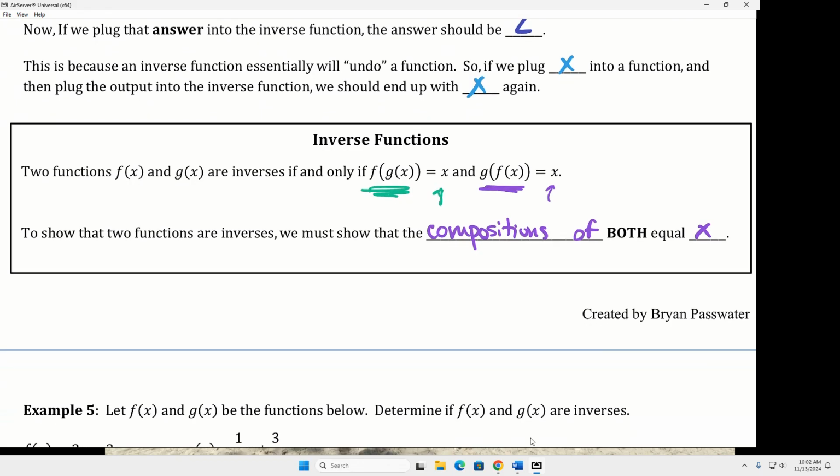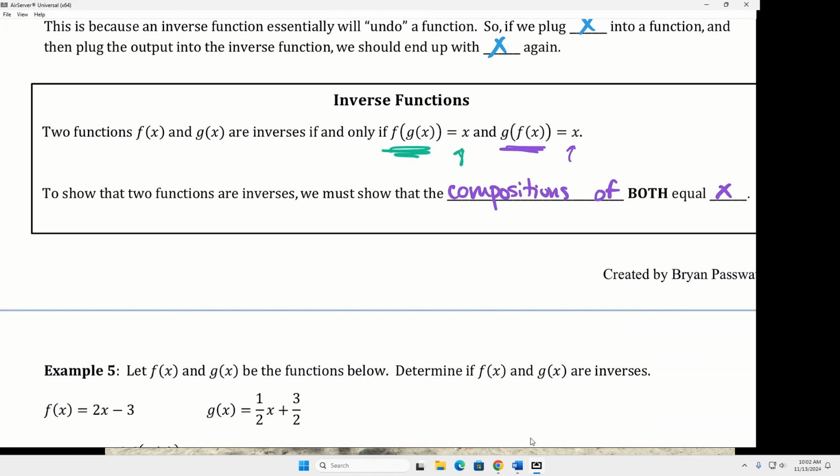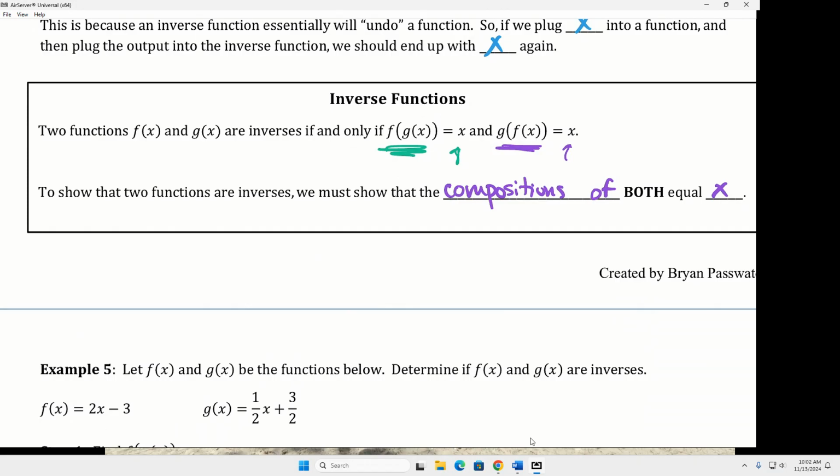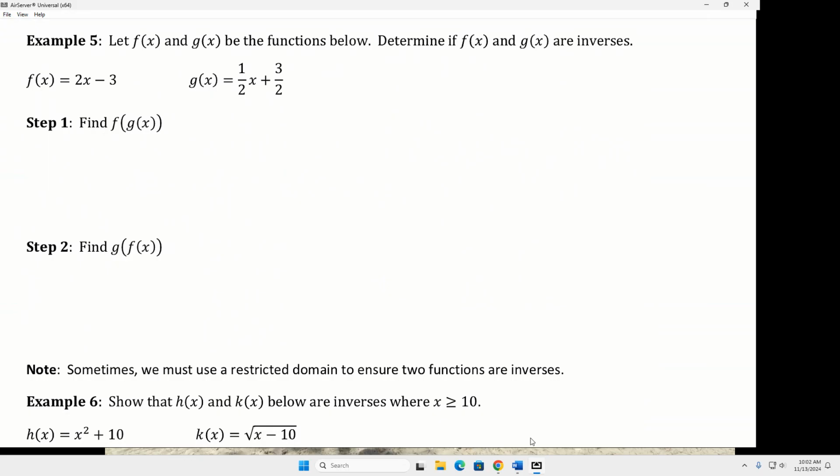All right. Now I'm not going to do all 3 of these examples unless you guys just really feel like you need them. So I'm just going to do 5 and 6. I think that should be plenty. All right, so on 5, we want to determine if these 2 functions are inverses of each other. And to do that, we're going to do the composition.